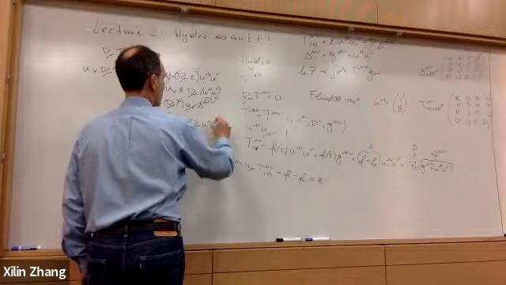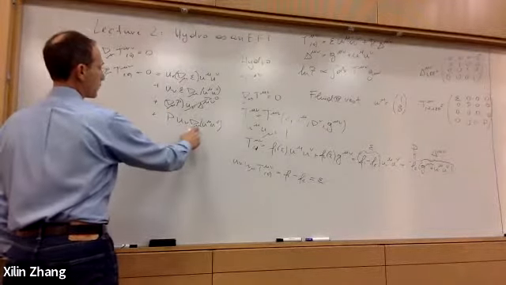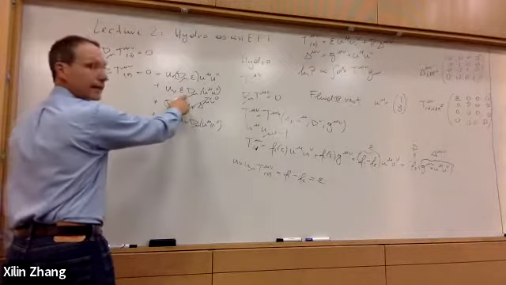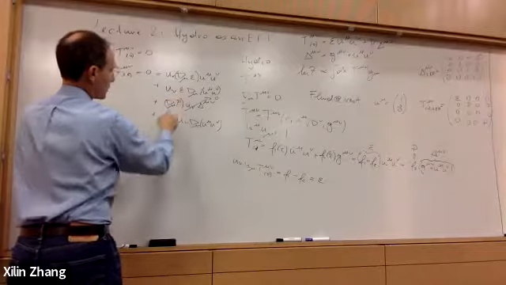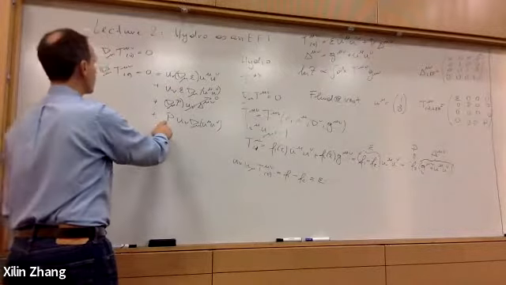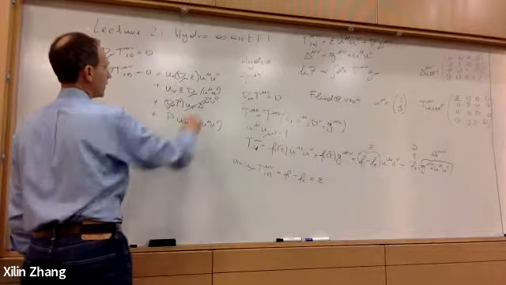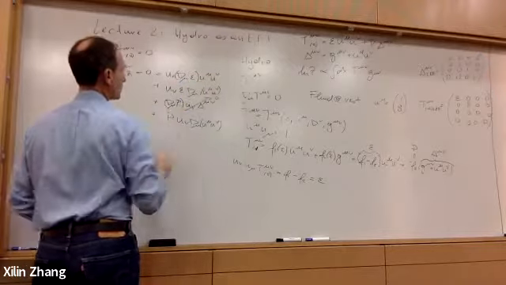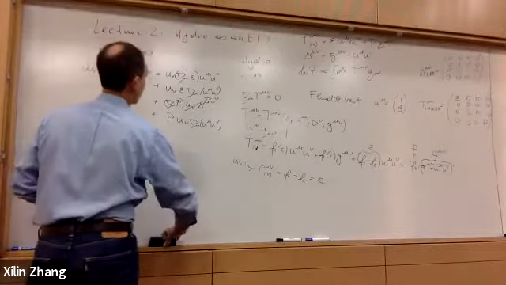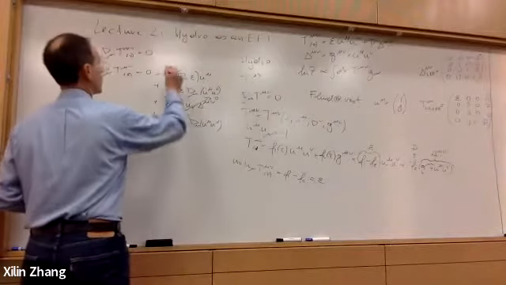This part here looks an awful lot like that term over there, where the only difference is that you have an ε here and a p there. So these two terms can be combined, and then you get one extra term, where u_ν together with u just gives us a minus sign.